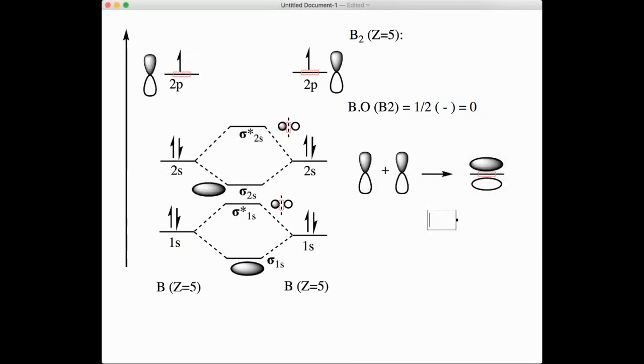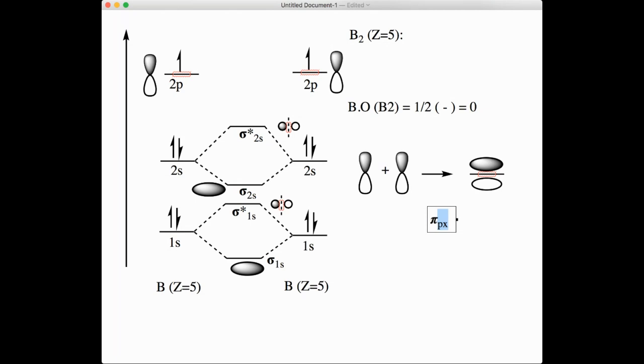So that's a pi. That's a pi bonding molecular orbital, pi px, I'm going to say, okay.